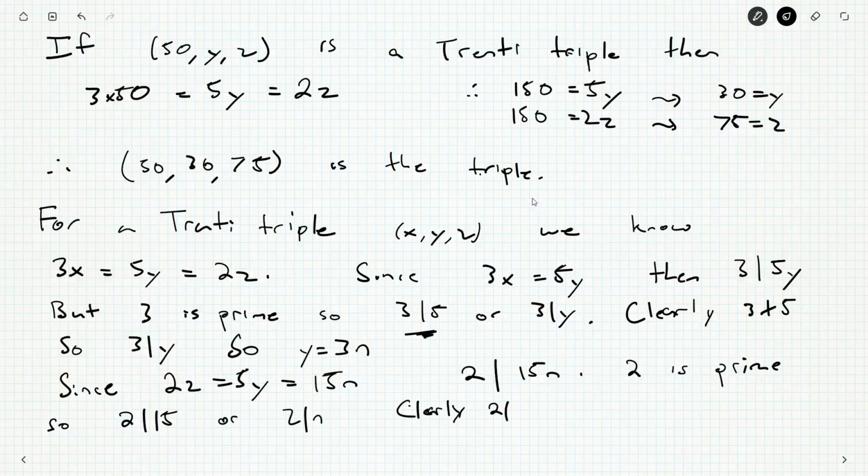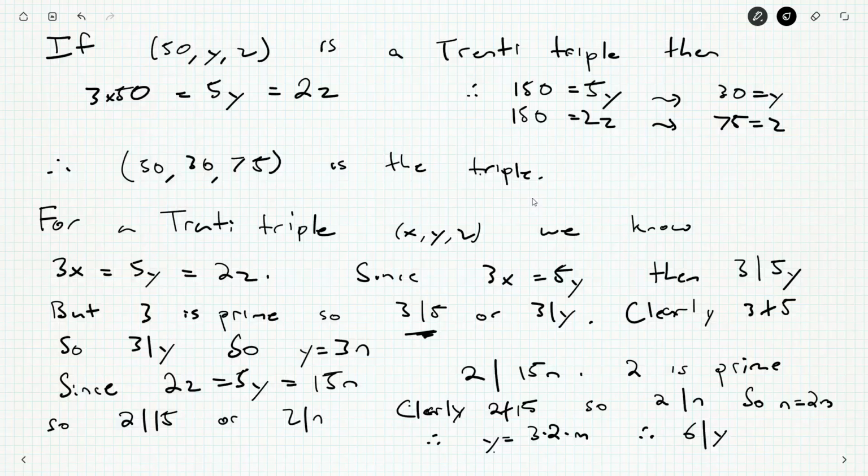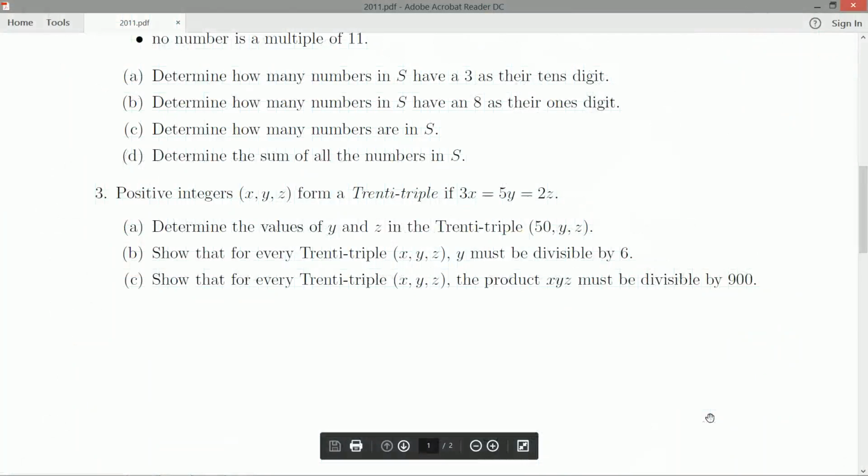Clearly, 2 doesn't divide 15. It's an odd number. So 2 divides n. So we can write n as 2m. Therefore, y is 3 times 2 times m. And that tells me 6 divides y. We have written y as 6 times something. Okay. So there we go. We've proven that 6 divides y, and that's what they asked us to do.